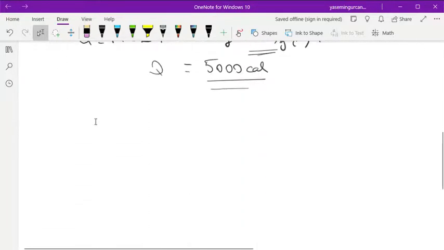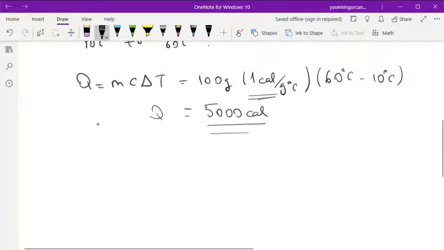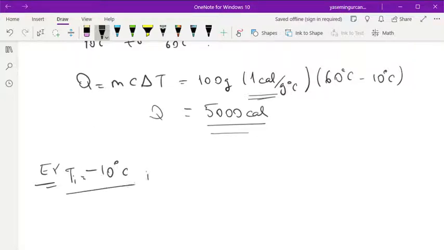Instead, let's say another example: T initial is -10° ice, and again M is 100 gram.